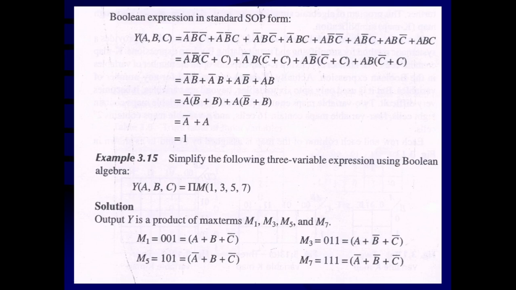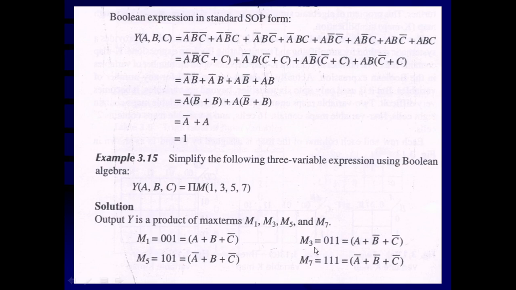So in a product of sums method, or for max terms, 0 corresponds to uncomplemented variable and 1 corresponds to complemented variable, and the summation sign will be there. So for the first 0, variable A will be there, for the second 0 again variable B will be there, and the third is 1, so corresponding to that the variable C is going to be complemented, that is C bar. So A or B or C bar is the max term corresponding to M1.